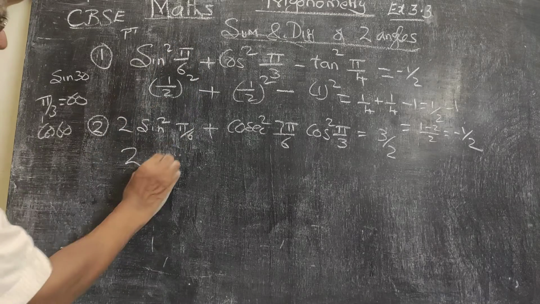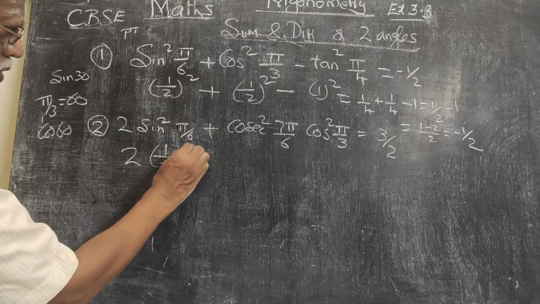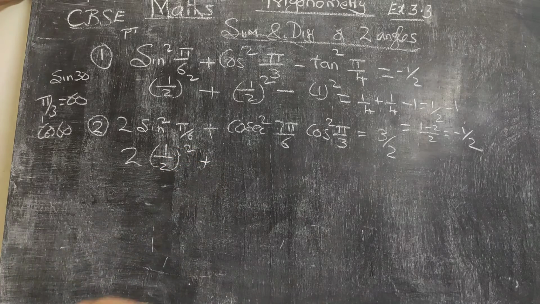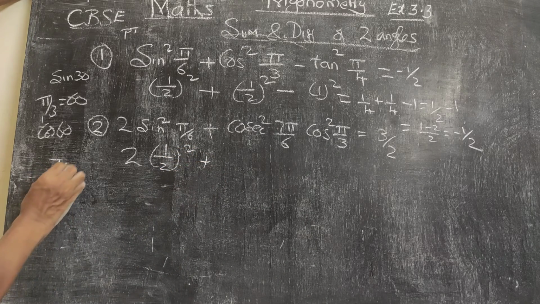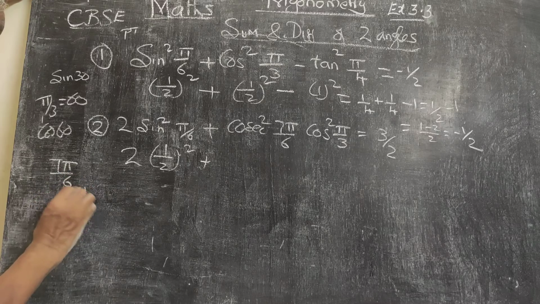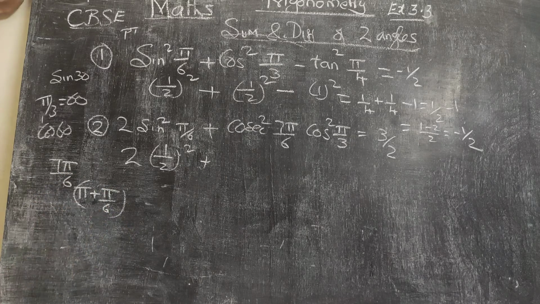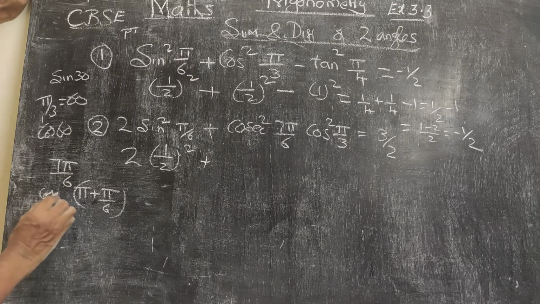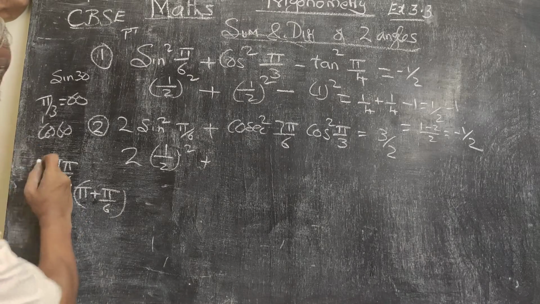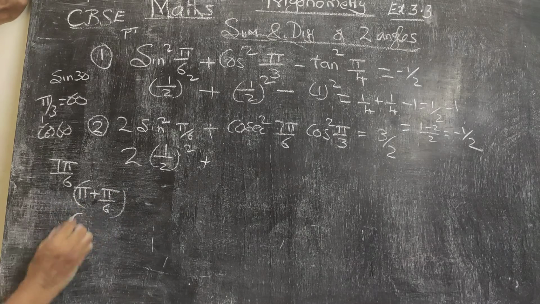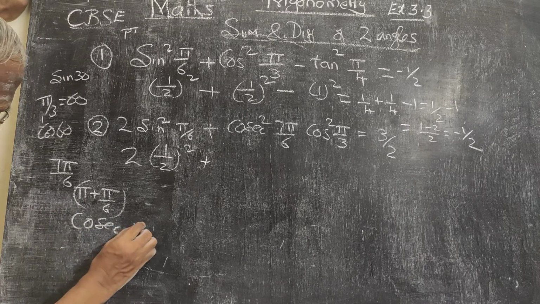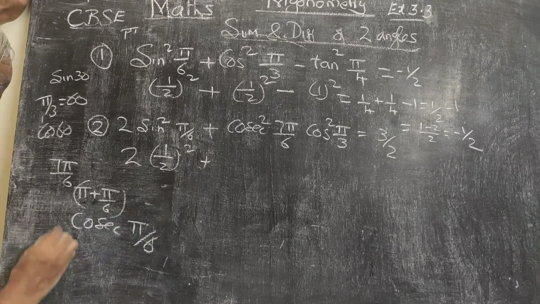Now I will go to the second problem. Sin square pi by 6, just now we did. So it is 1 by 2 the whole square. 7 pi by 6 can be written as pi plus pi by 6. Cosecant of pi plus pi by 6 is cosecant pi by 6 but lies in third quadrant, so minus.